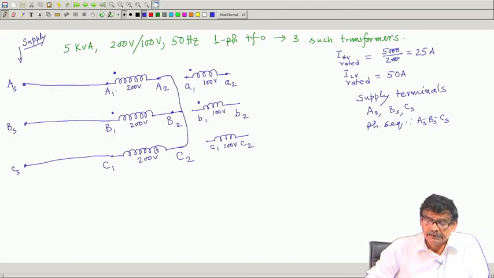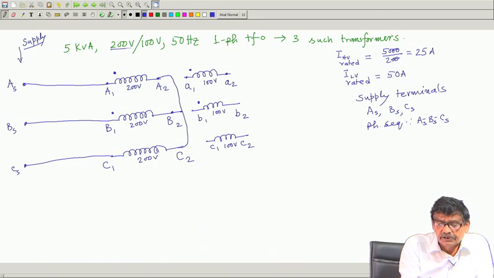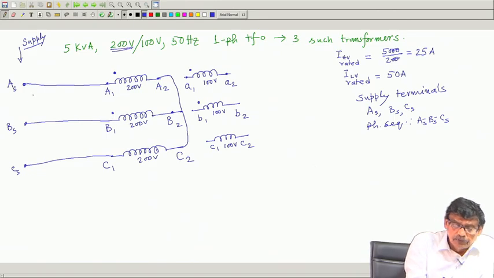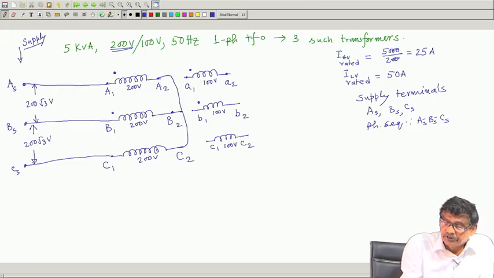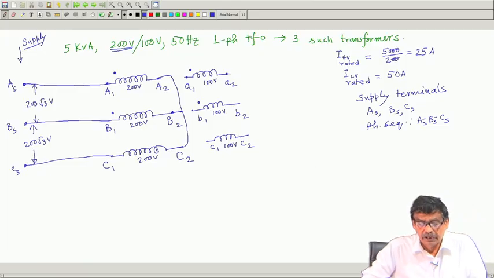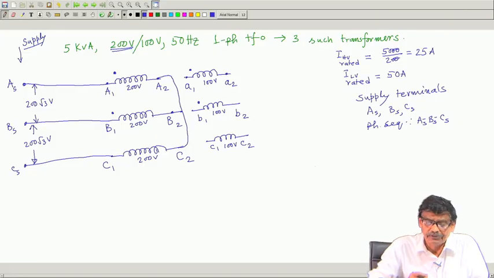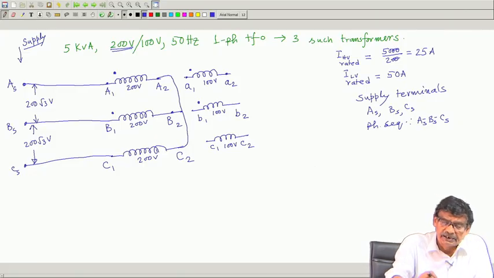Okay. Since the rated voltage of the transformer is 200 volt, therefore, I can apply a line to line voltage of 200 root 3 safely. Because after all these transformers are identical transformers, they will have equal parameters. So, root 3 times less voltage will come across the primary windings of each of these 3 transformers.